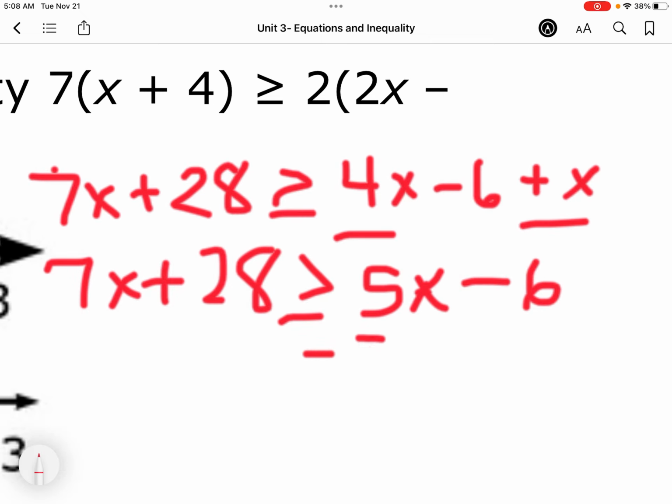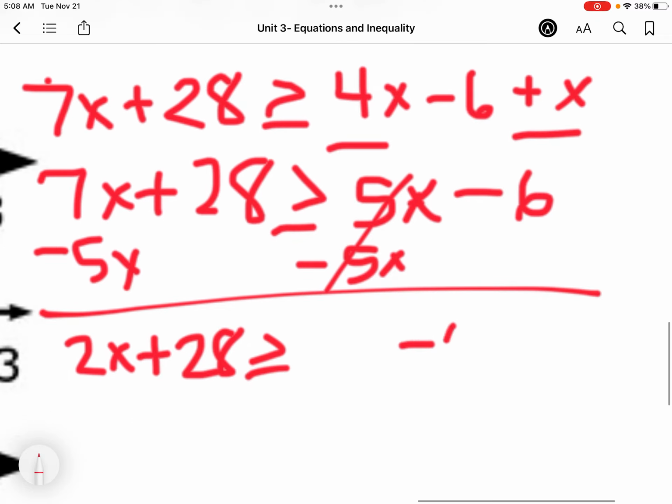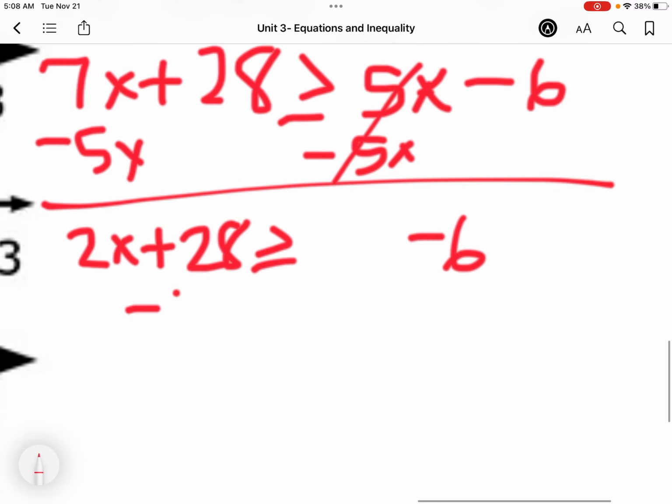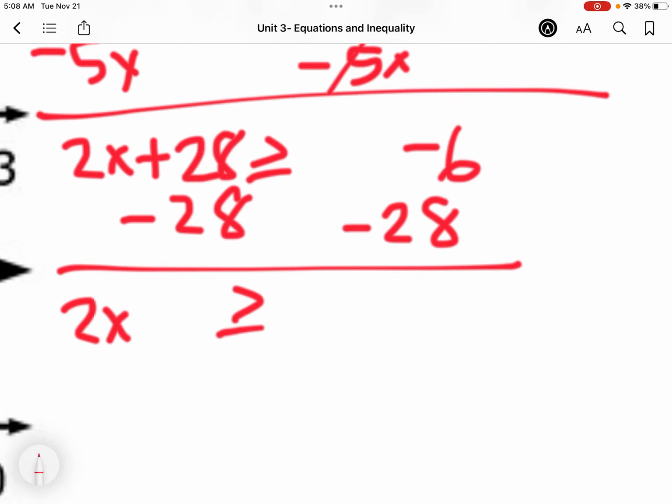I'm going to subtract 5x on each side. 2x plus 28 is greater than or equal to negative 6. Subtract 28 on each side. 2x is greater than or equal to, what?